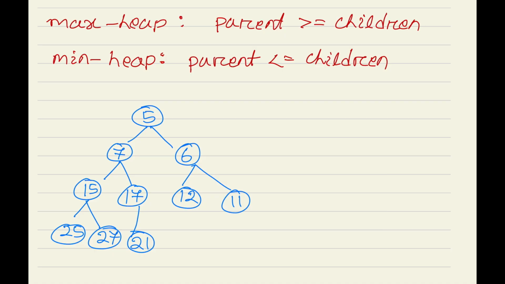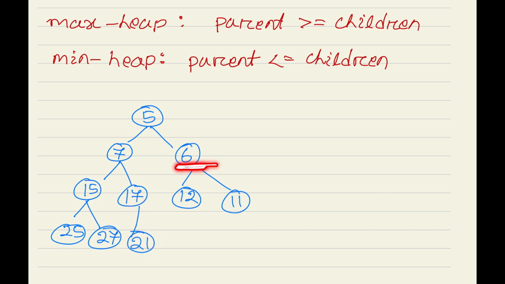Here you can see 5 is less than its child nodes 7 and 6. Similarly, 7 is less than its children 15 and 17. Then 15 is less than its children 25 and 27. Similarly, 17 is less than its child 21.